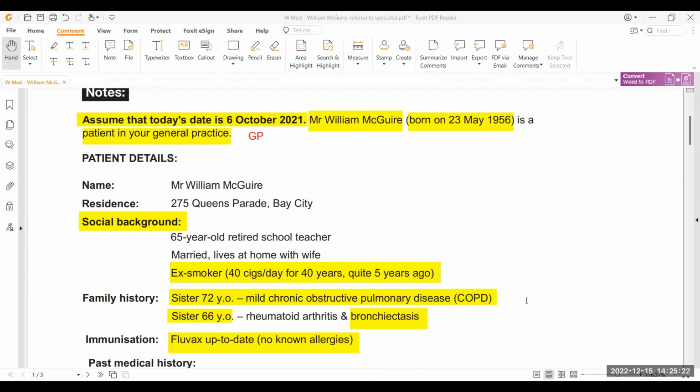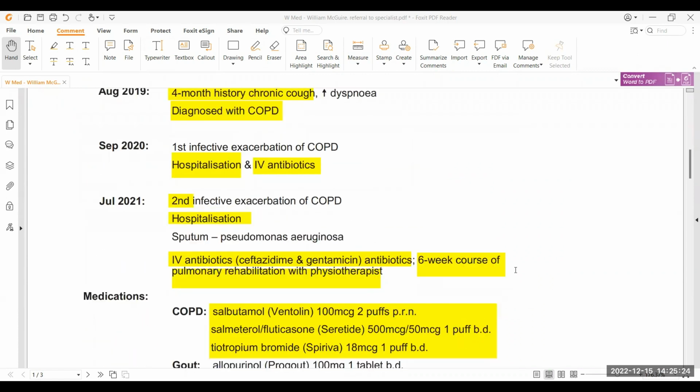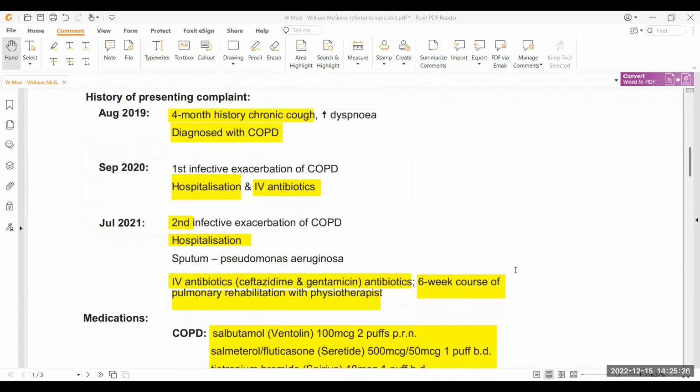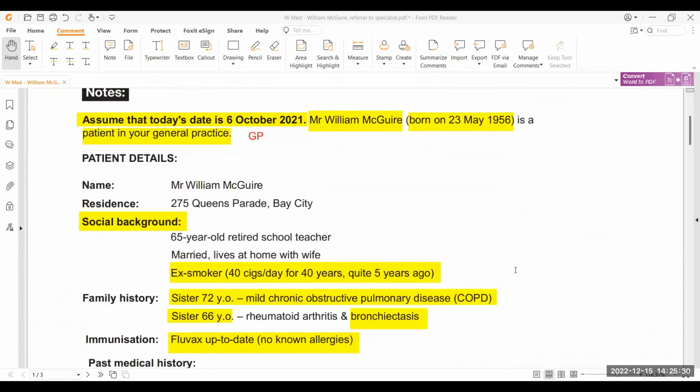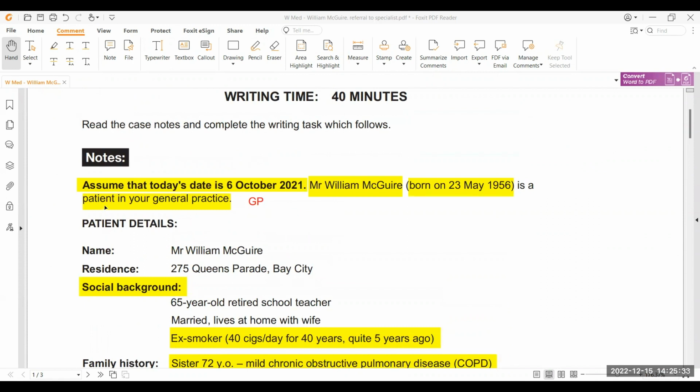Just a little bit of recap, if Dr. Tatiana doesn't mind. When you see the writing case note, at the top of the page it will give you a little bit of background on who your patient is and what your role is in the patient's care.